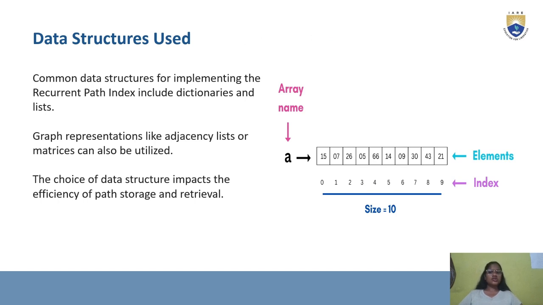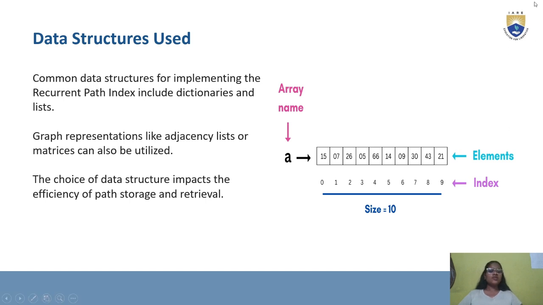Data structures used. Common data structures for implementing the recurrent path index include dictionaries and lists. Graph representations like adjacency lists or matrices can also be utilized, but the choice of data structure impacts the efficiency of path storage and retrieval.